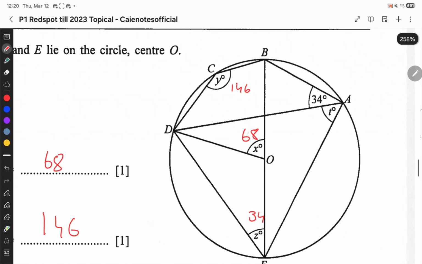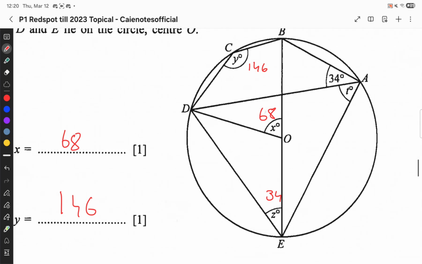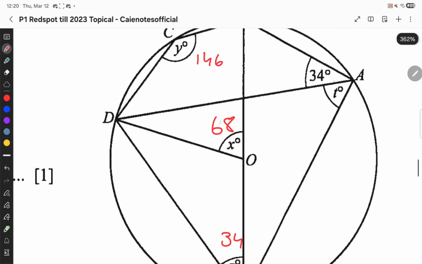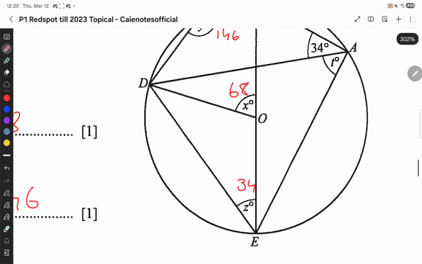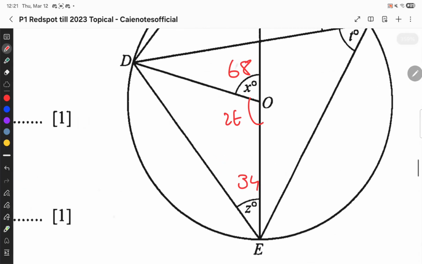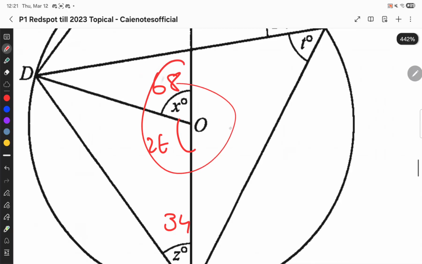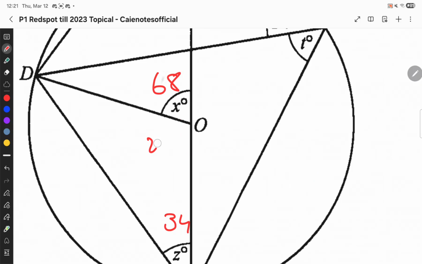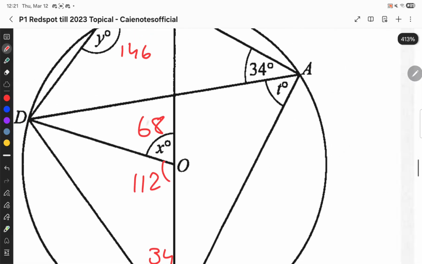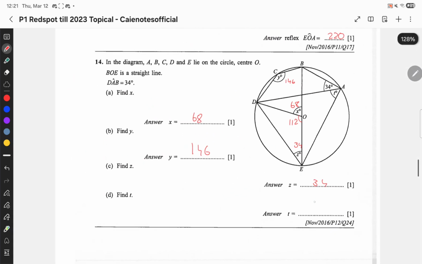Find the angle of T. How do we find the angle T? Well, how is it made? It is made like so. If you look in front of it, angle T is made by DE, and so is angle O. So we know this is 2T, and the remaining of this on the circle is 2T. 180 minus 68 is 112, and then we can just half it to get 112 divided by 2 is equal to 56.